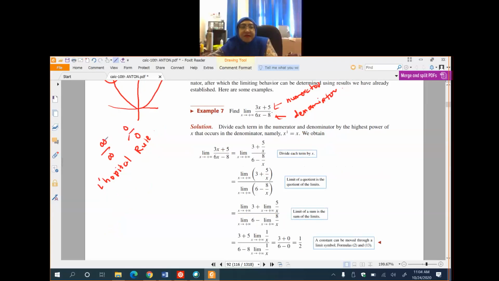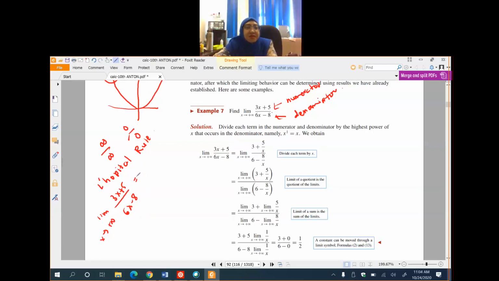So when you have infinity over infinity, you can always apply L'Hopital's rule. But if you don't get infinity over infinity, then you cannot apply it. In this case, you can. So the limit of 3x plus 5 over 6x minus 8, x tends to plus infinity, is obviously infinity over infinity.